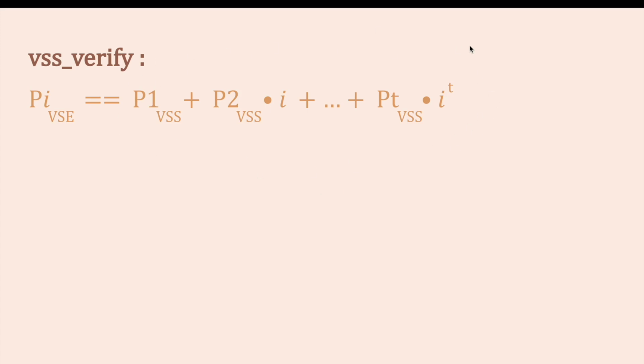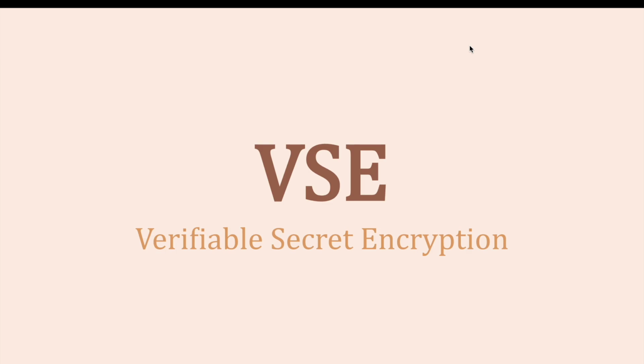So this is effectively the idea. As for VSC, VSC stands for verifiable secret encryption, and that's again used for encrypting and decrypting a secret share in a way that is verifiable.